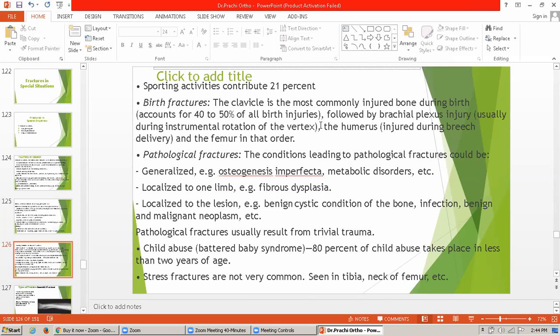So around 50% of birth injuries commonly involve clavicle fracture, followed by brachial plexus injury, usually during instrumental rotation of the vertex, the humerus injured during breech delivery, and the femur in that order.